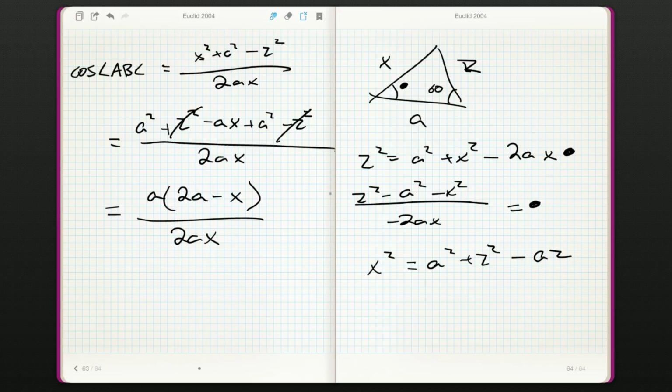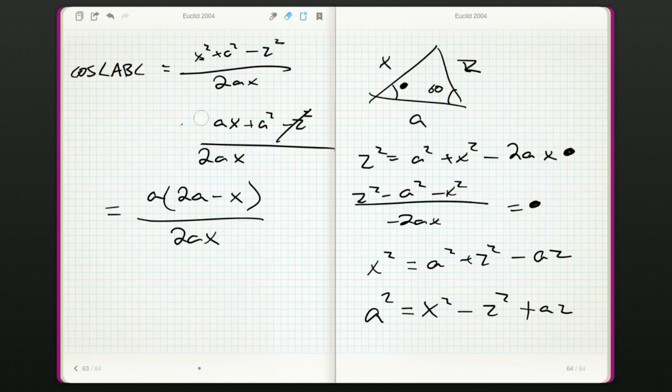What if instead of plugging in for the x, I rearranged and solved for the a? So we get a squared is z squared minus x squared minus az. Alright, this should be a negative. No, the a squared here, the x squared's over here. So x squared minus the z squared plus the az.